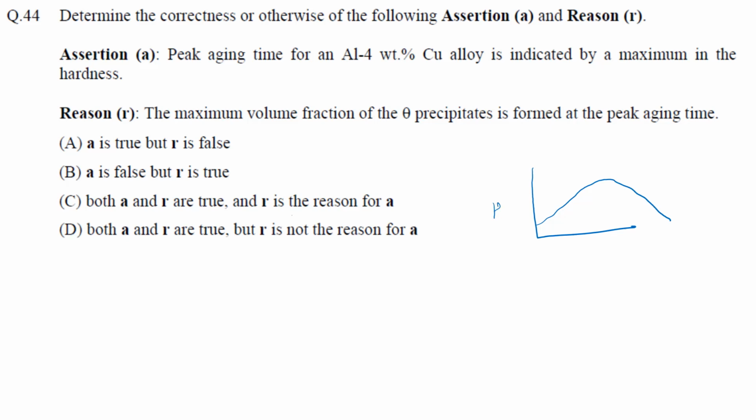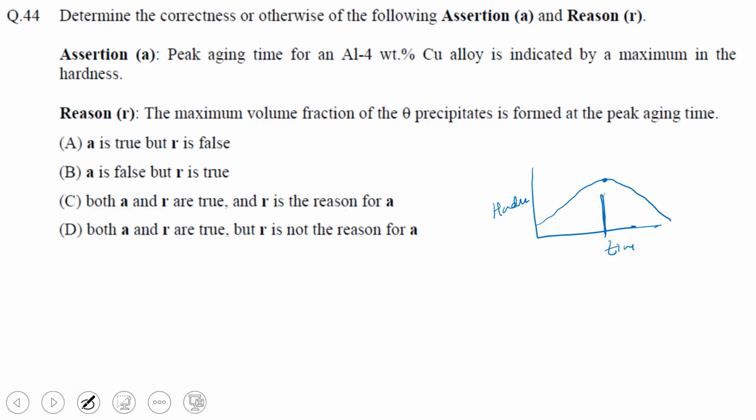This is hardness versus time. So this is the peak hardness, indicated by the maximum peak aging time. Okay, so the corresponding aging time will be the peak aging time. Fine. The maximum volume fraction of theta precipitate is formed at the peak aging time.